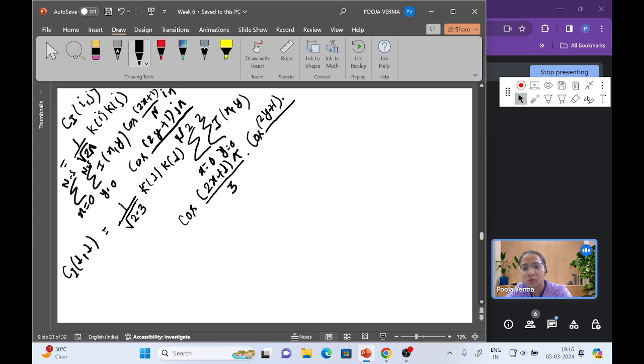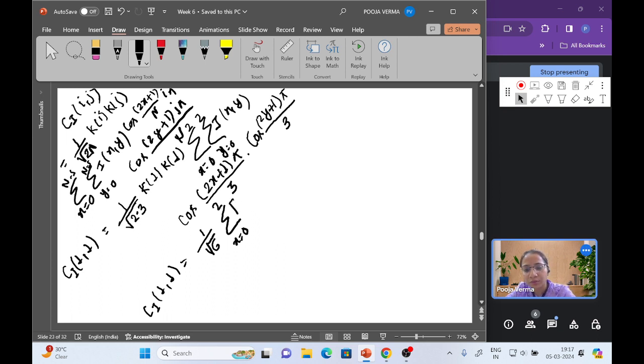Here j is also 1, 1 into pi only, divided by 3. Okay, so c 1 comma 1, 1 by root 6, and these values are 1, so it will be 1 only. So x is equal to 0 to 2. First we will put the values of y, then we will put the values of x in that equation.